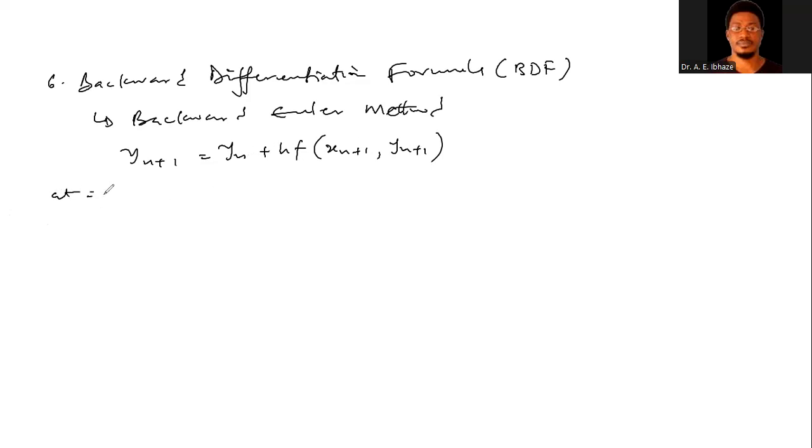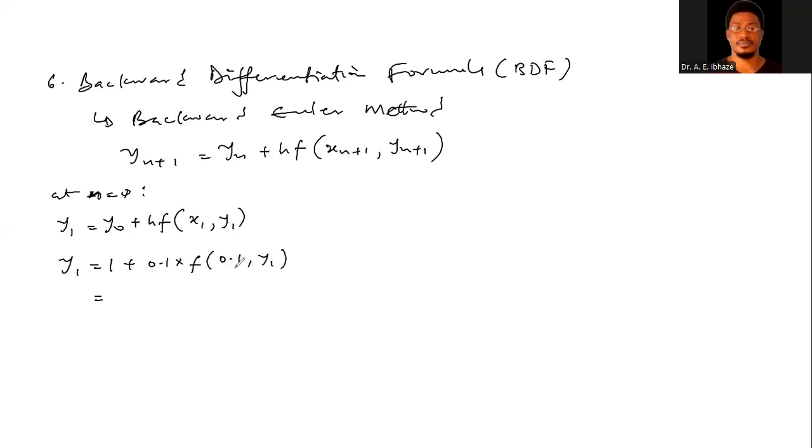So at n equal to 0, we have y1, since n plus 1 is 1. So I can just designate y1 being the same as y0 plus h of f(x1, y1). In the same way, we can evaluate this. So y0 is 1 plus 0.1 times f of (0.1, y1).